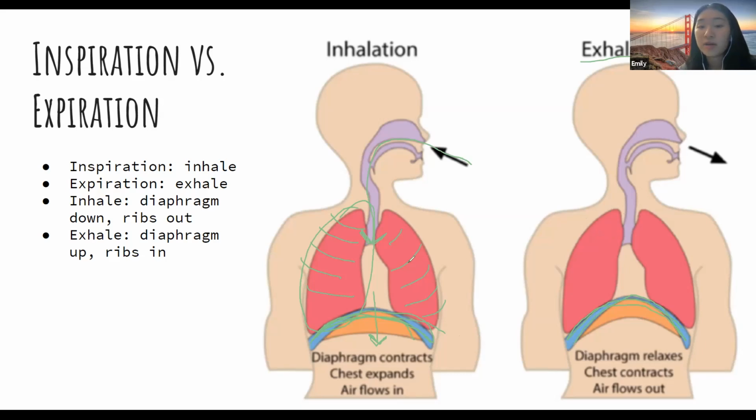And same thing with your ribs. They used to be super expanded when you were inhaling, but now when you relax those muscles, they are going to go back to their normal position, which is more tight, more small, squeezing the lungs. And as this volume decreases, the air is going to be pushed out as well. And that's what causes exhalation.